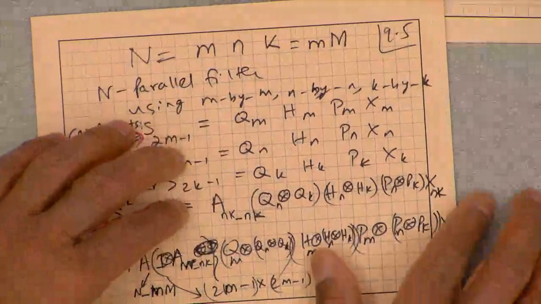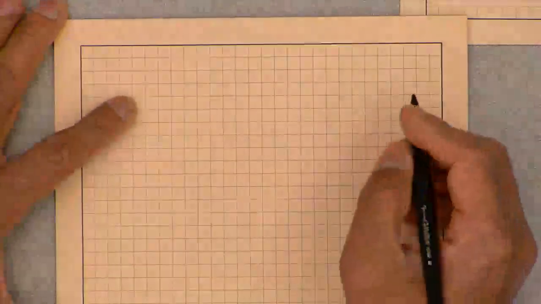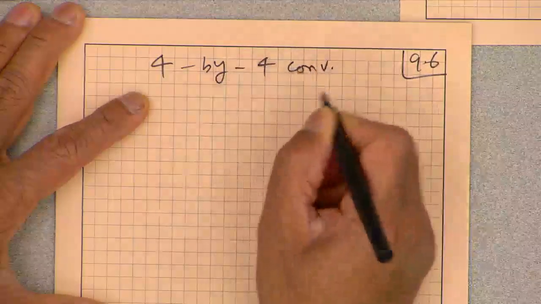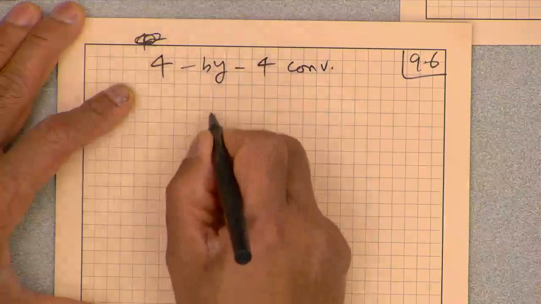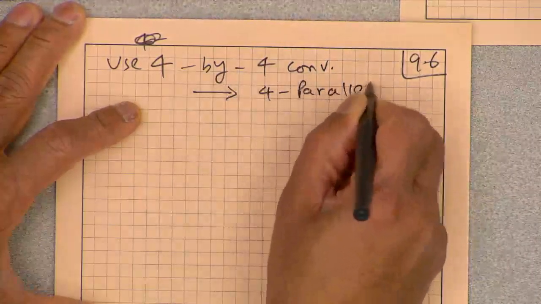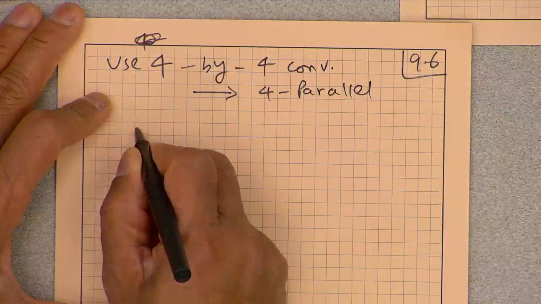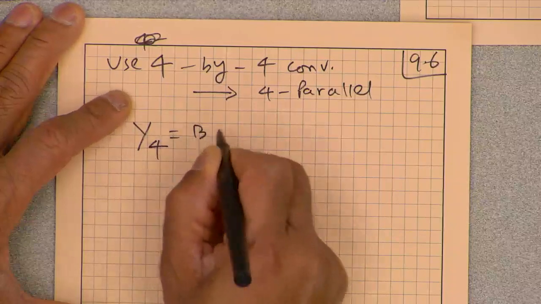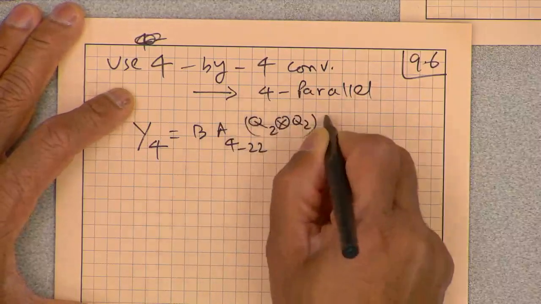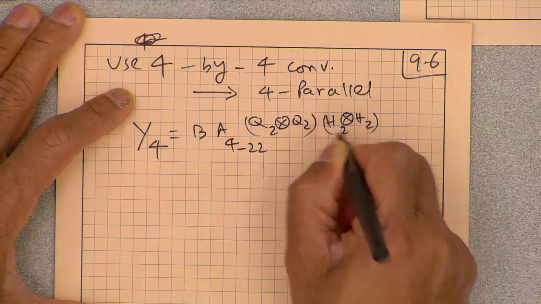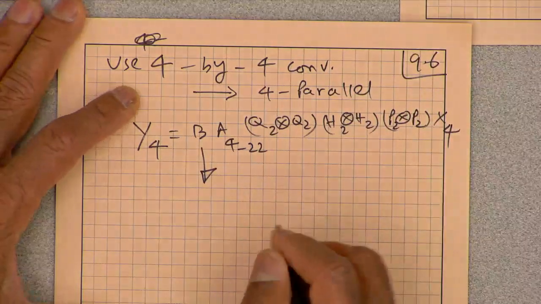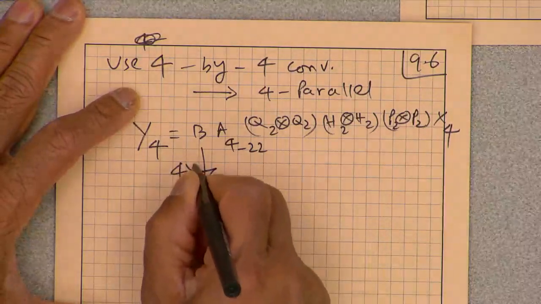Okay, let's talk about what that B is. This B is going to be of dimension 4 by 7.